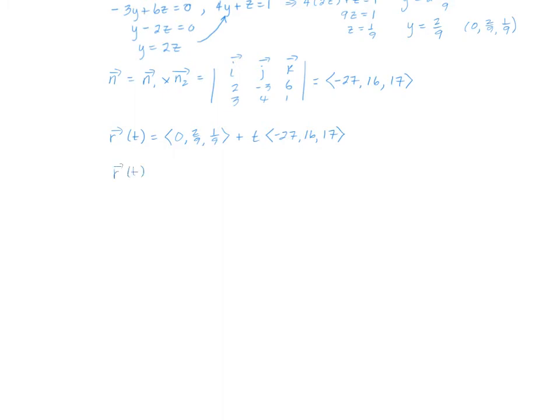I know oftentimes my lab will not combine them, but if you want to combine them, it should be negative 27t, comma 2/9 plus 16t, comma 1/9 plus 17t.